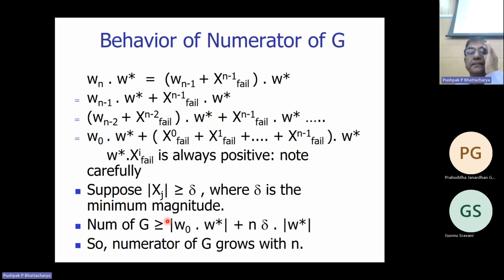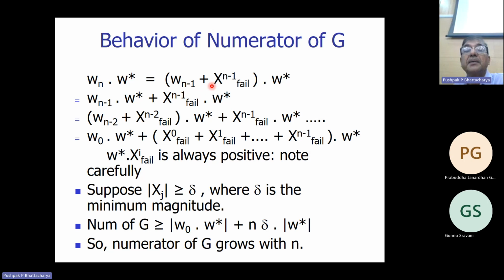So then we investigate the property of G(wn). So wn dot w star is the numerator. Wn came because wn minus 1 failed for some vector, and the perceptron training algorithm asks you to add the failed vector to the current vector.